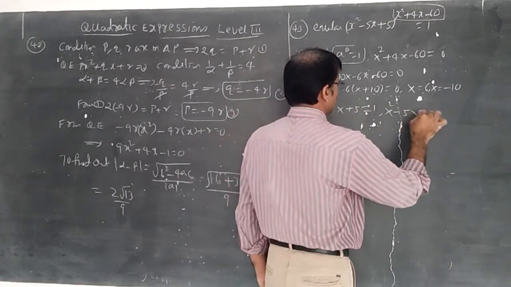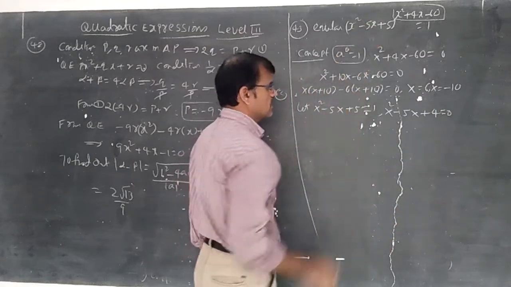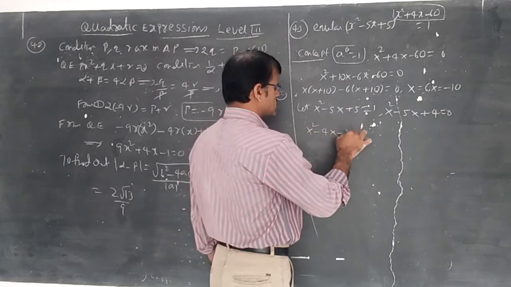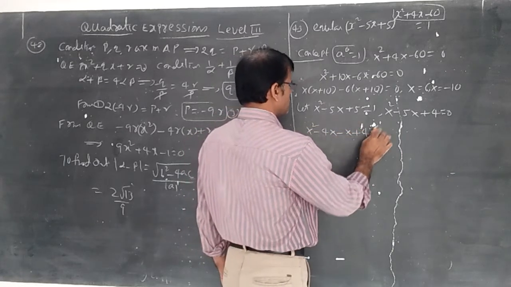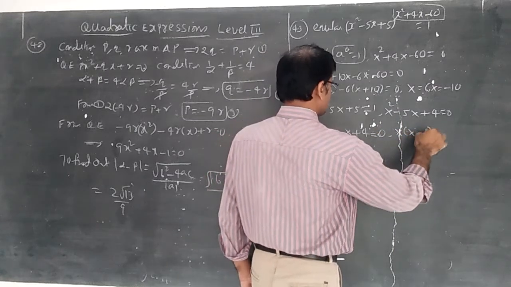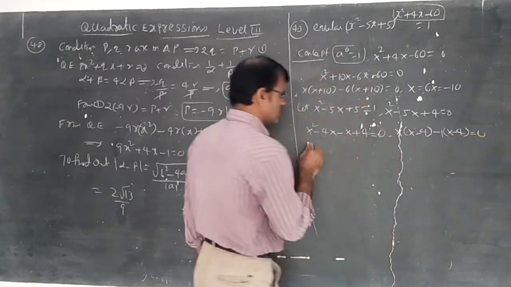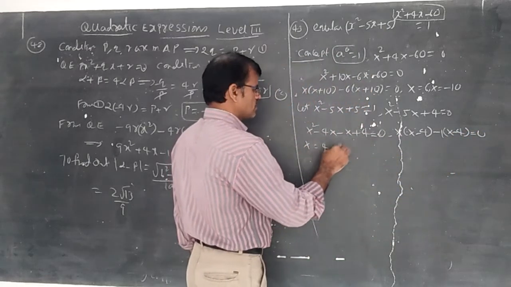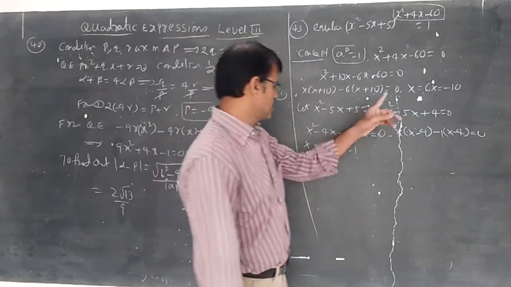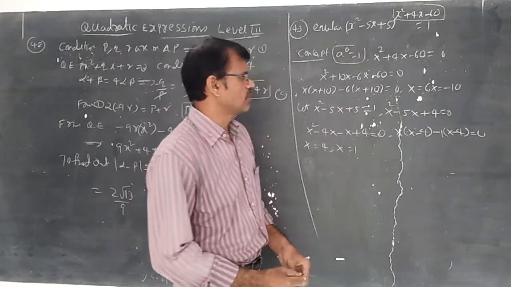So x square minus 5x plus 4 equal to 0. This is the base, that is the index. Now x square minus 4x minus x plus 4 equal to 0. So x taken common, x minus 4, and minus 1 taken common, x minus 4 equal to 0. That implies x is equal to 4, x is equal to 1. So we got 6, minus 10, 4, 1.